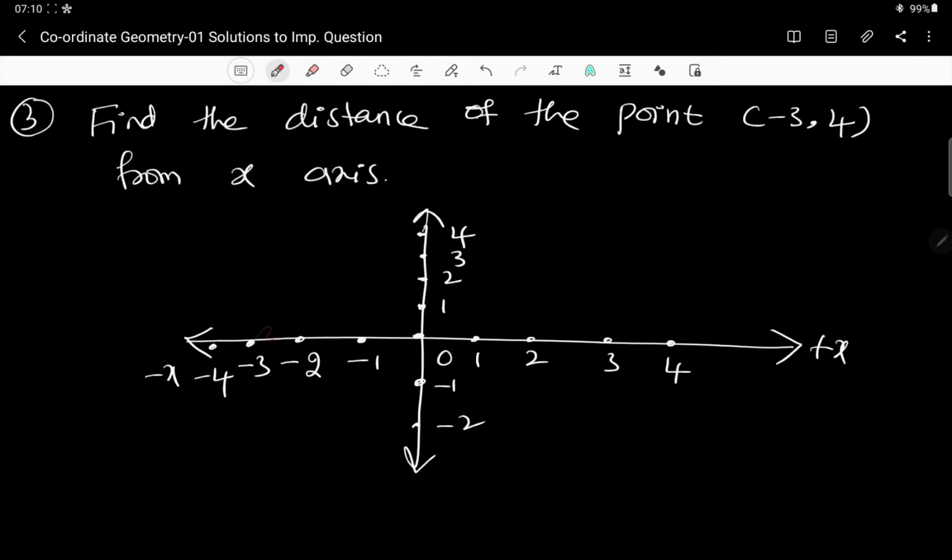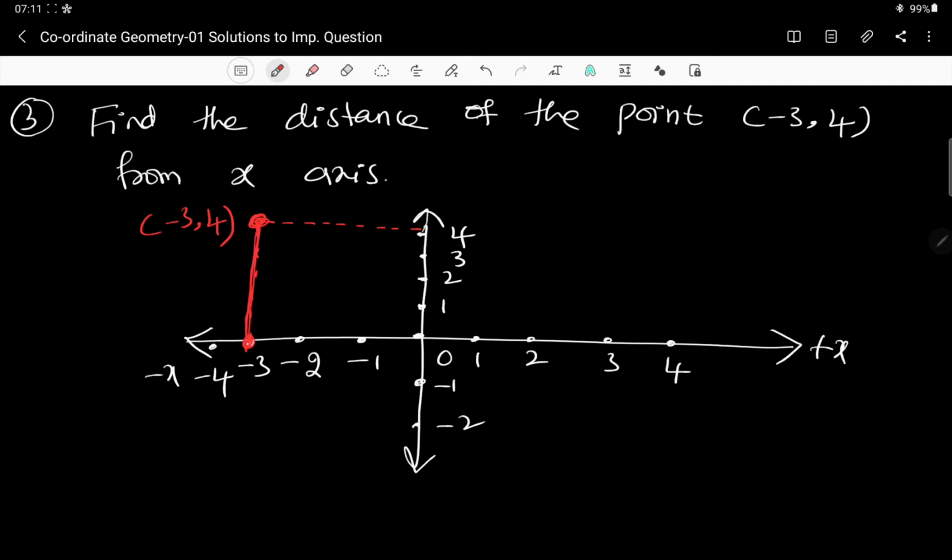Minus 3 is here and 4 is here. Here it comes, no? Minus 3 comma 4, this is the point. So this is the point with coordinates minus 3 comma 4. So I have to find the distance from x-axis. From the x-axis means this entire axis is x-axis. We cannot find it out like that, no? Always we go for the perpendicular distance. So that's why we have to go for this distance.